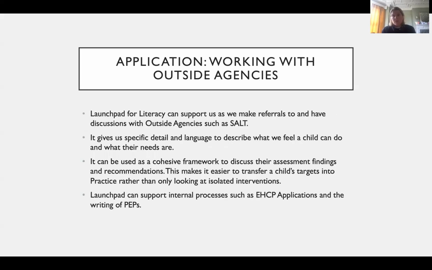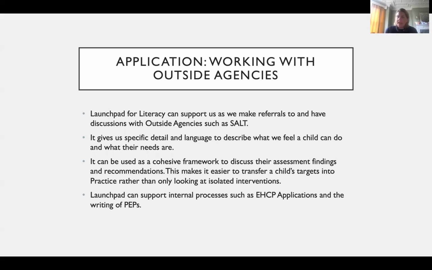Where we do work with outside agencies, where a child is known to somebody else, Launchpad for Literacy supports those referrals and discussions, because it gives us specific detail and language to describe what a child can do, what we feel the child finds tricky, and what the child's needs are.